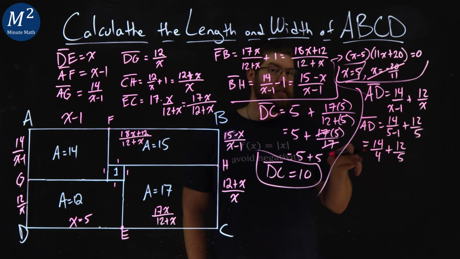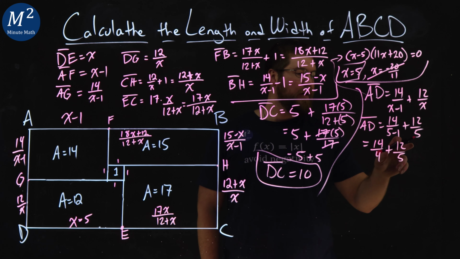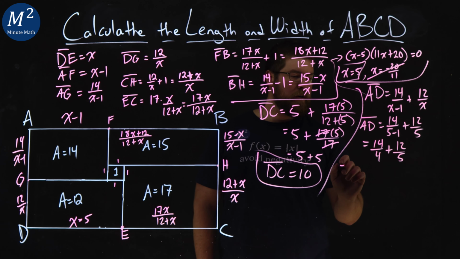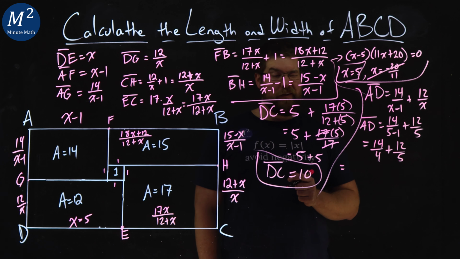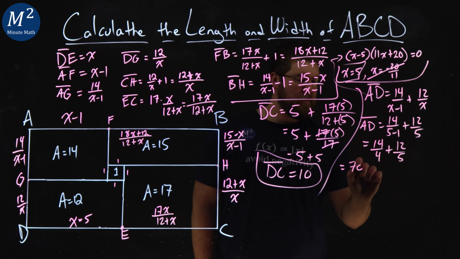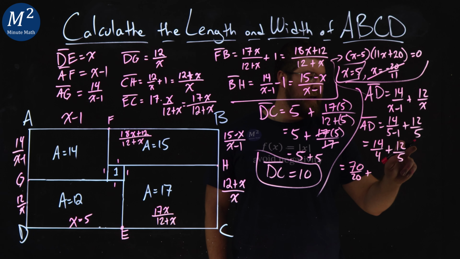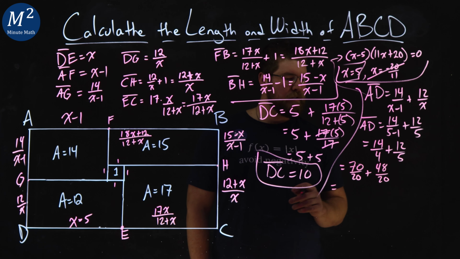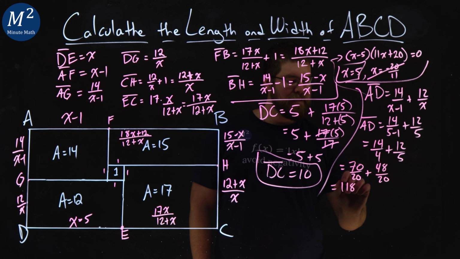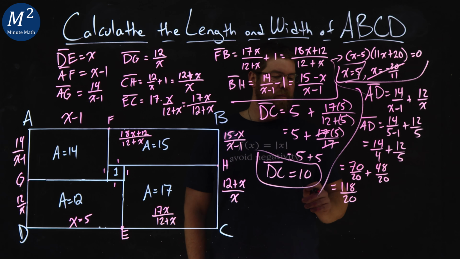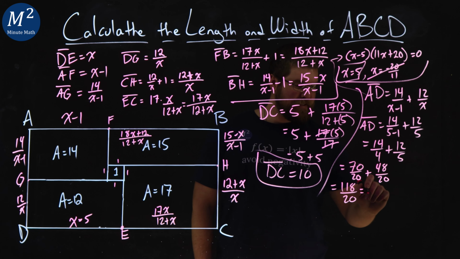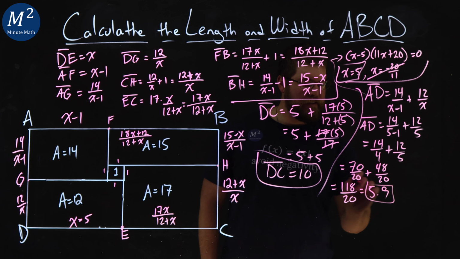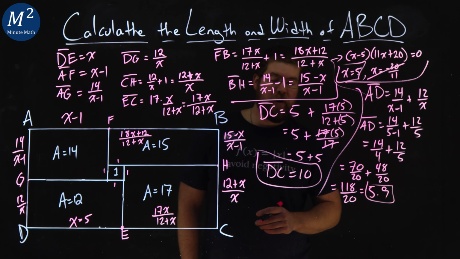I want to find a common denominator here. Let's go 20, so multiply 5 over 5 to this number here. 14 times 5 over 5, is that what, 70? 70 over 20, 4 times 5. Plus here, we then have 4 times 12 is 48 over 20. We can combine these. 70 plus 48 is 118 over 20. And 118 over 20 is 5.9 as a decimal. So AD has a length of 5.9.